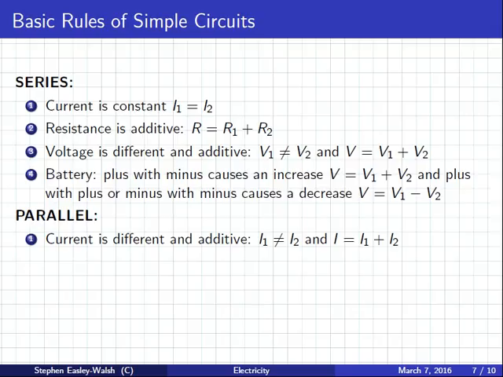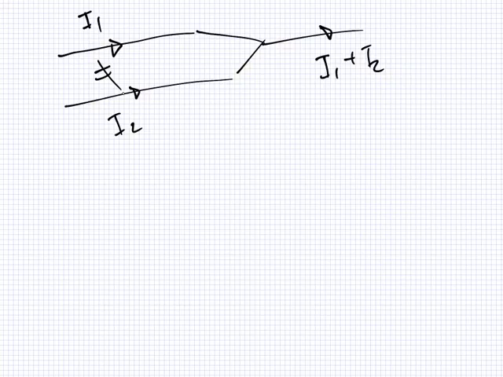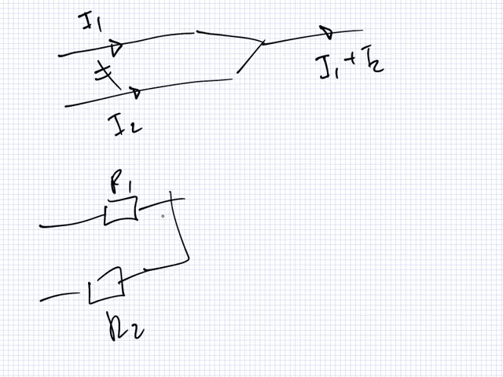Reciprocal, yeah. So it's the reciprocal that's additive. 1 over R equals 1 over R1 plus 1 over R2. So if this is R1 and this is R2, and they're in parallel, it makes a total resistor, and you can find the total resistance by using this formula.